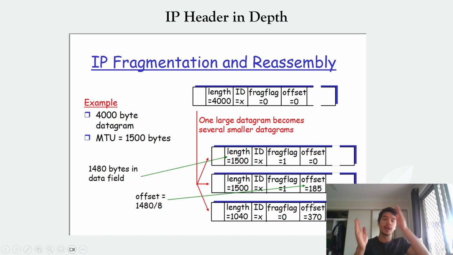So that's where you're starting the next piece of data, okay? So that should make sense. That's why it's 0 for this one, because you're starting at 0. This one's starting from where the first one ends. This one's starting from where this one ends, okay? And then, yeah, that reassembles and makes that packet, datagram up there.